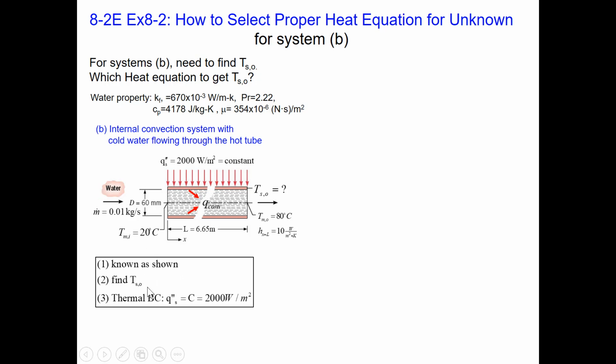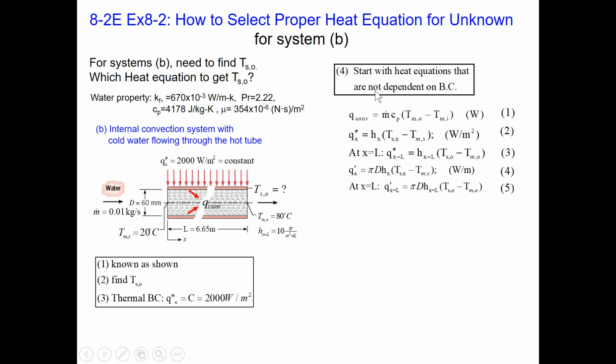This is what we're looking for. This is the thermal condition. Where do we start? To select the proper equation for the unknown, we start with the heat equations that are independent of the thermal boundary conditions.